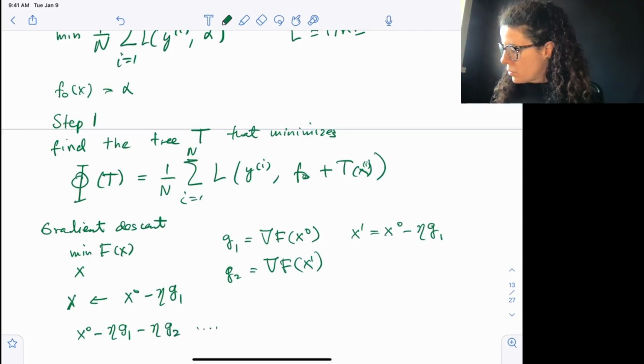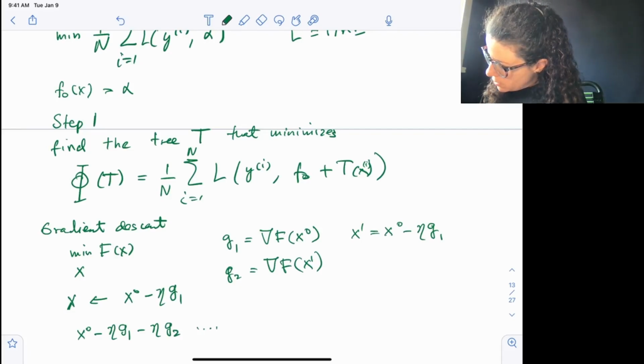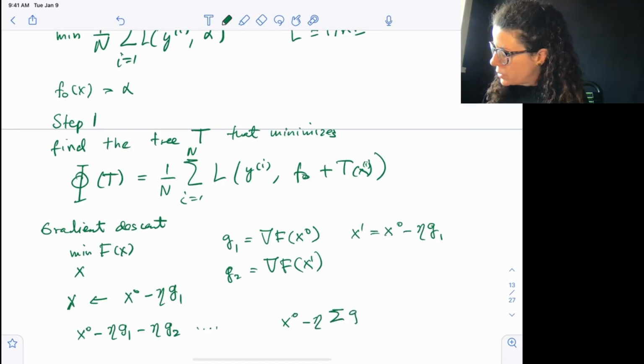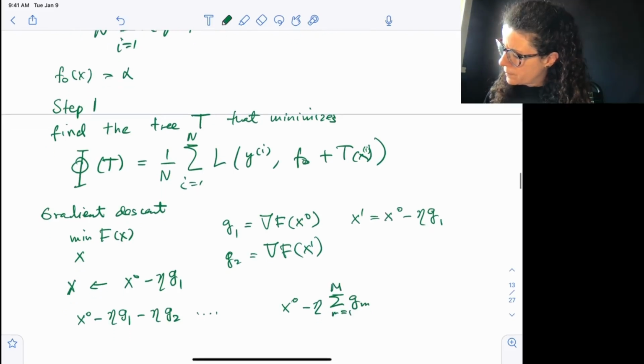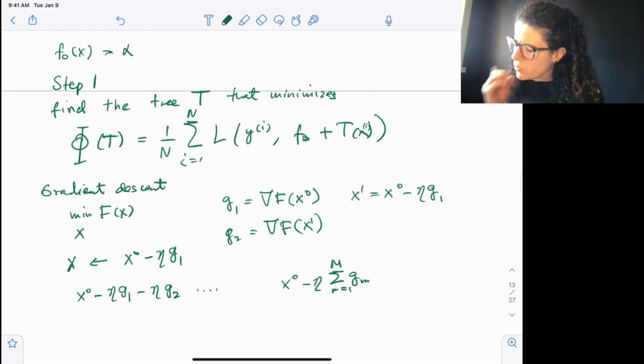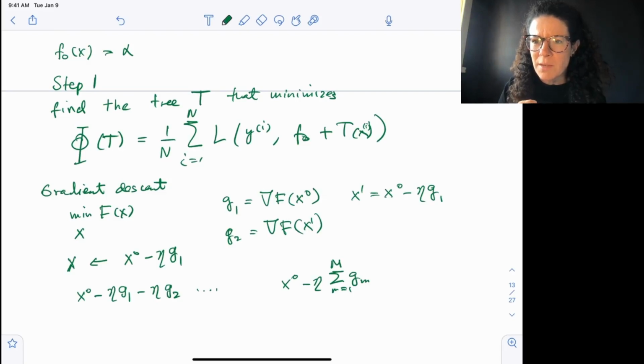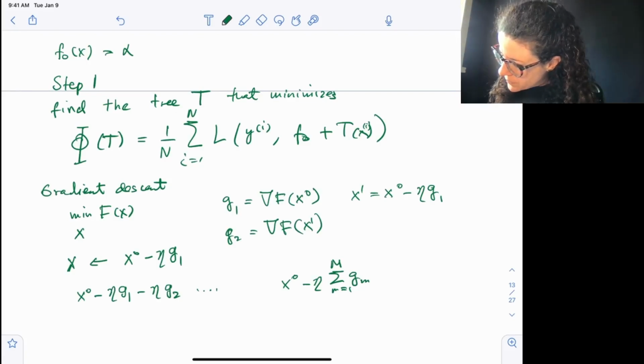So if you look at it, the solution of gradient descent is something like x0 minus the learning rate times the sum of gm, where m equals 1 to M. Sounds interesting, right? It's a sum of things. It kind of looks like we are also trying to find a sum of things, but the things we're trying to find are functions. So this is gradient descent.